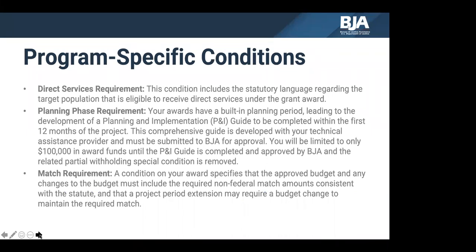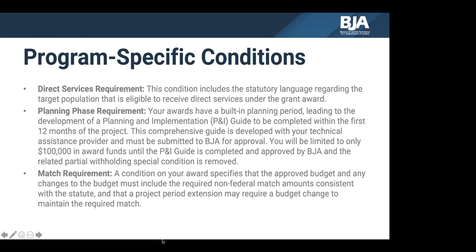Program-specific conditions. The authorizing legislation for FY21 Justice and Mental Health Collaboration and CMP awards includes specific requirements that are reflected in 3 award conditions, which are summarized on this slide. The direct services condition details the eligibility requirement for participants to receive direct services under the grant.